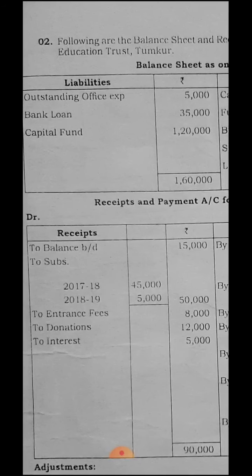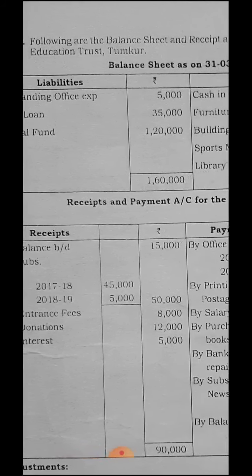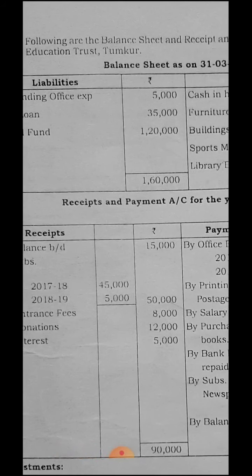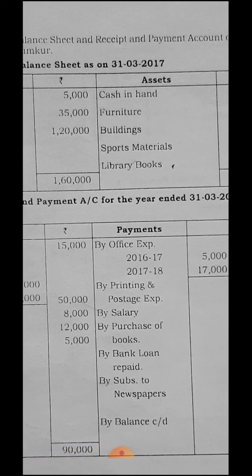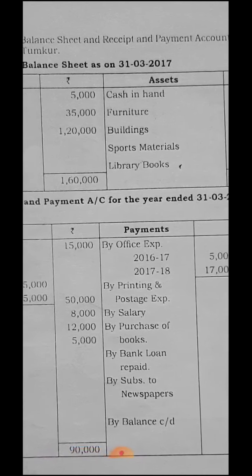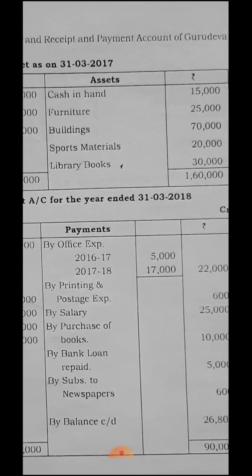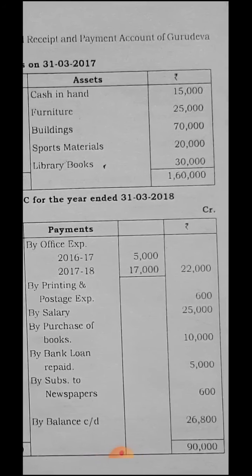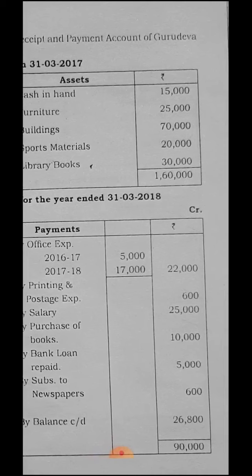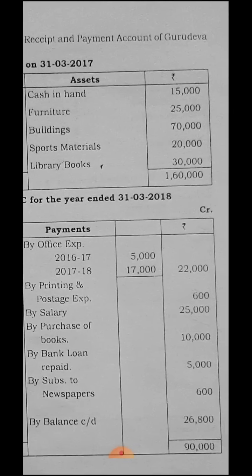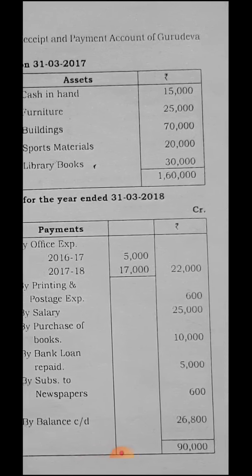Then bank loan, a liability of 35,000, and we already have a capital fund of rupees 1,20,000, which we are going to show on the liability side of the balance sheet, and we go on adding other capital items to this. On this side, the opening cash balance is 15,000, which is last year's closing cash balance. Furniture worth rupees 25,000, buildings 70,000, sports materials 20,000, library books 30,000.